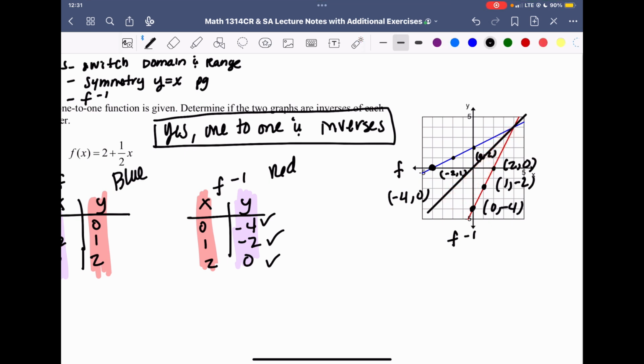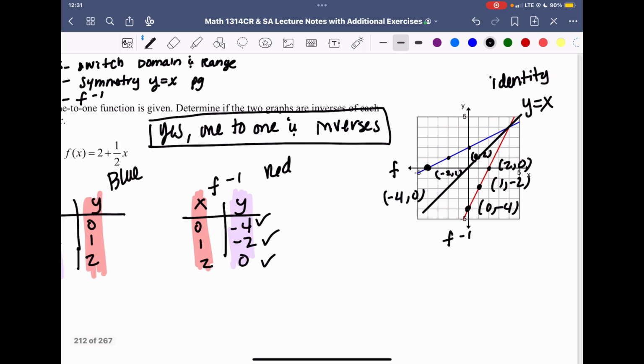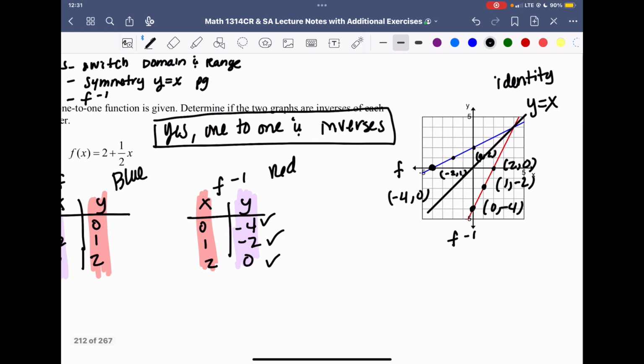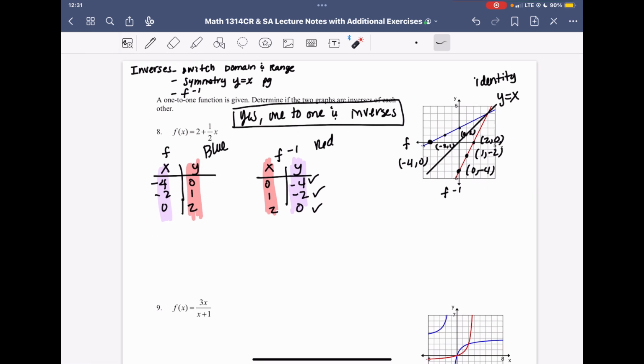That black line there is y equals x. Again, this is the identity function. So this is going to be the symmetry right here, for all inverses.